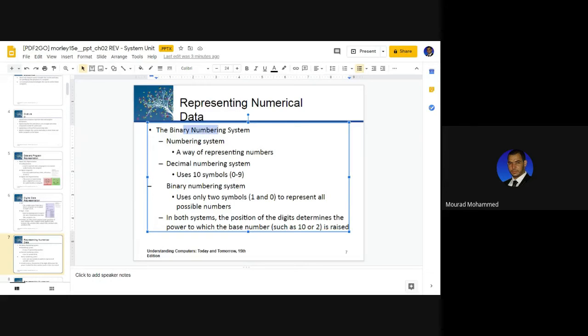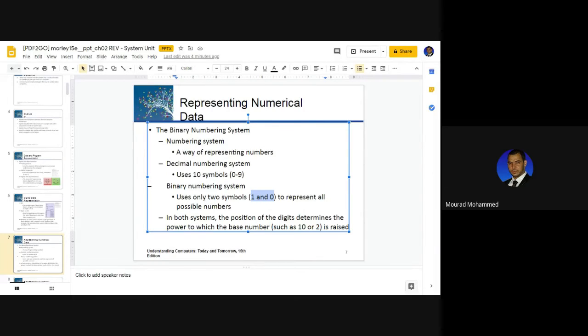The binary numbering system is not unique. The decimal numbering system is another system also, another context. But this decimal numbering system is a subcategory of the binary numbers. What does it mean? It takes the numbers from 0 to 9 and translates them back to binary numbers, and vice versa also.